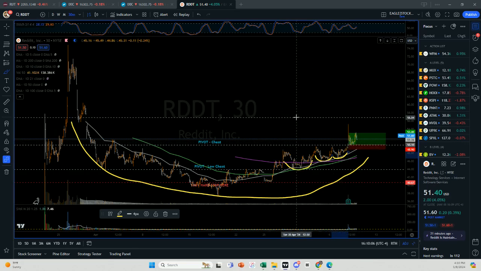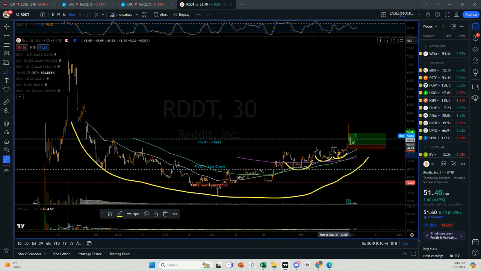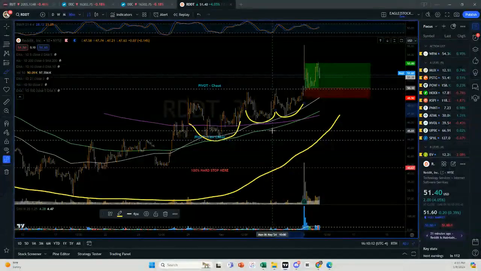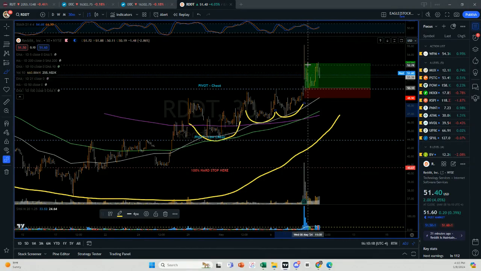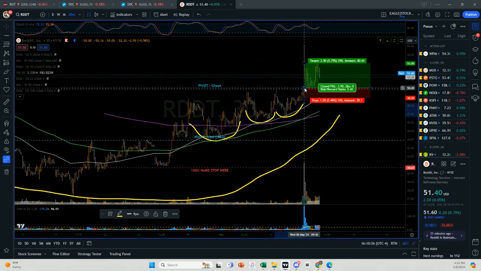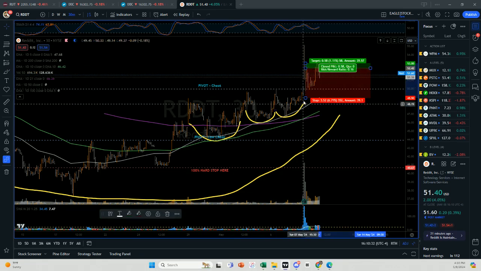Now, with this cheat area here, the price gapped up on earnings. And at this point, when it's gapping up like this, above the pivot, it opened at 52 and change.